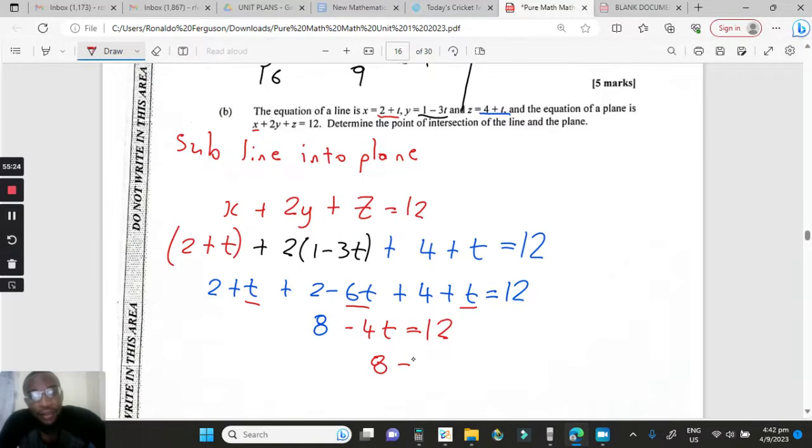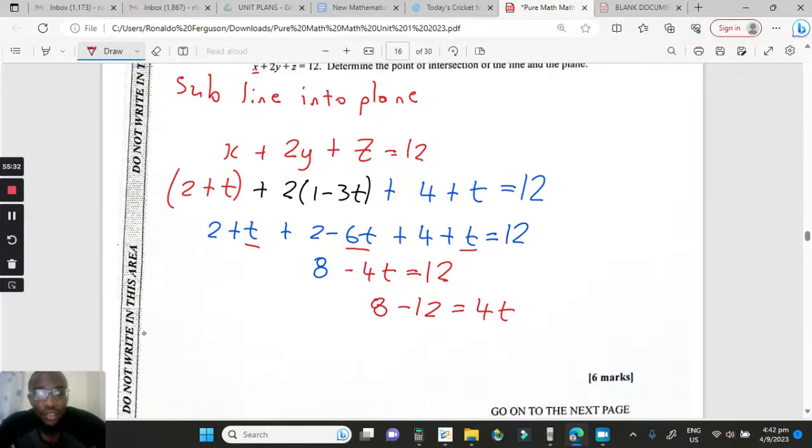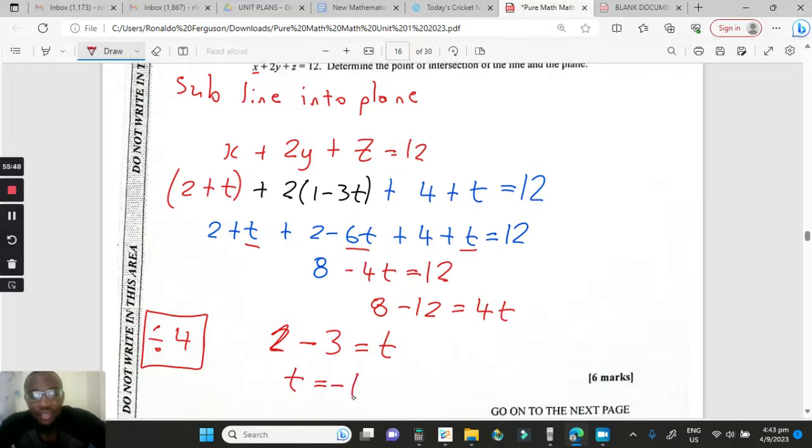So 8 minus 12 is equal to positive 4t. Just because I'm bored, I'm going to divide through by 4. You don't need to do this. So negative 4 divided by 4 is negative 1 is equal to t. And so t is negative 1.